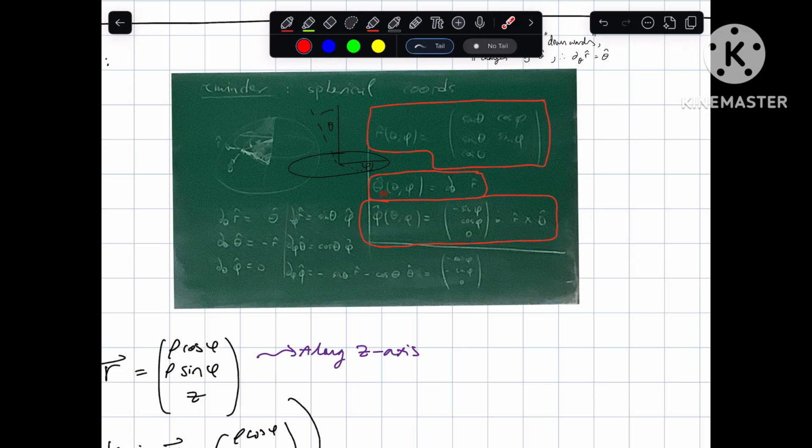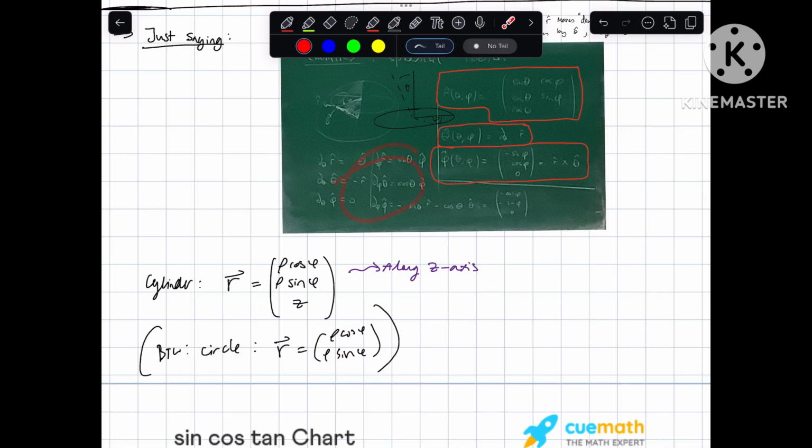The theta unit vector is equal to the theta derivative of that r unit vector, and then to find the final phi unit vector, you just cross multiply these two. The cross product between these two is the word I'm looking for. Just remember that. I don't think you have to remember any of these special things. That's fine.